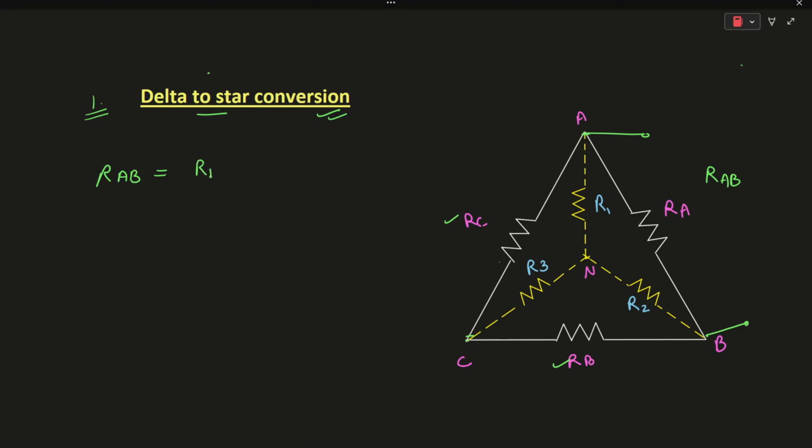So on solving it further, we are getting RARB plus RARC over RA plus RB plus RC.